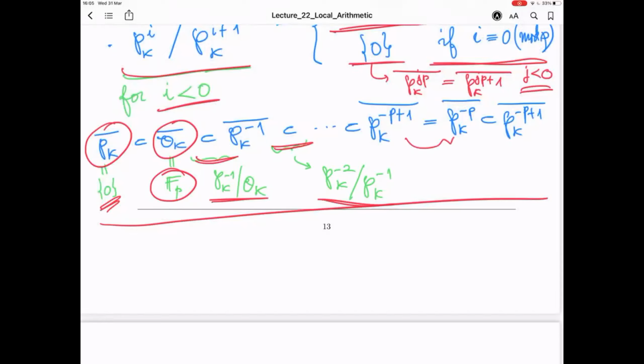Here you have equality because this is a multiple of P. And then this quotient can be identified with P_K^(-p+1) modulo P_K^(-p) without the bars, right? Here is what this quotient can be identified with.